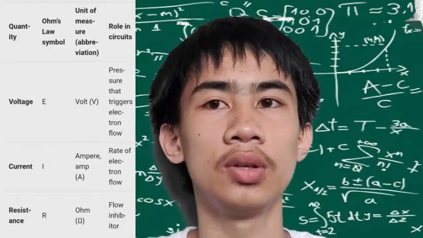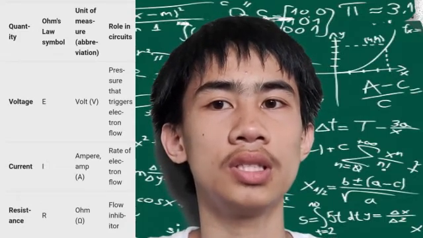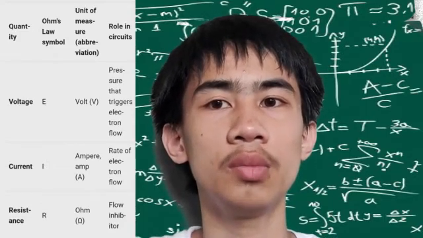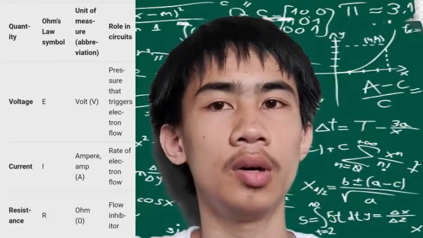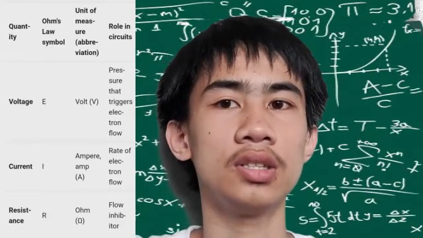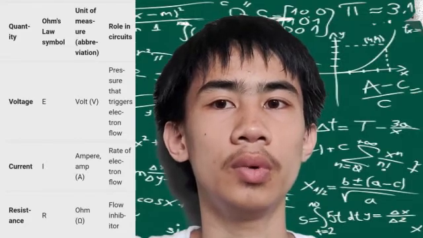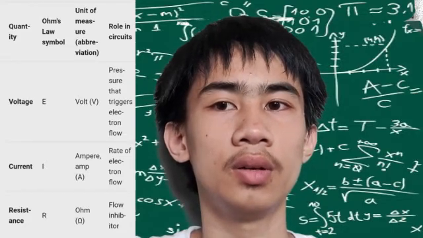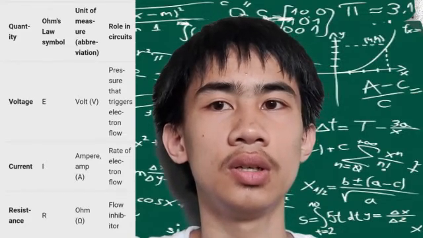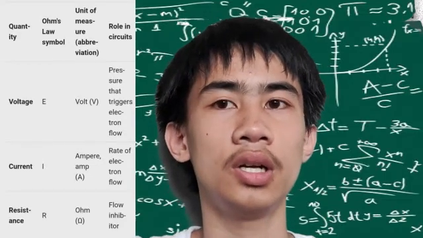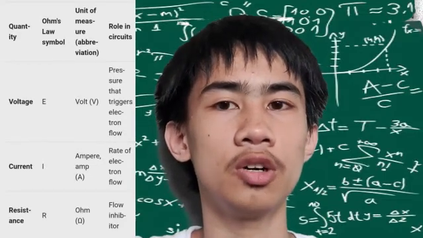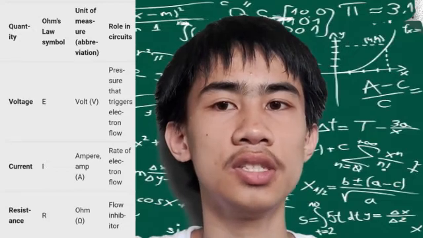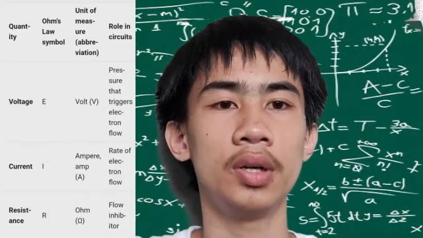Quantity: current, symbol I, unit ampere, role in circuit is the rate of electron flow. And resistance, symbol R, unit ohm, role in circuit is flow inhibitor.